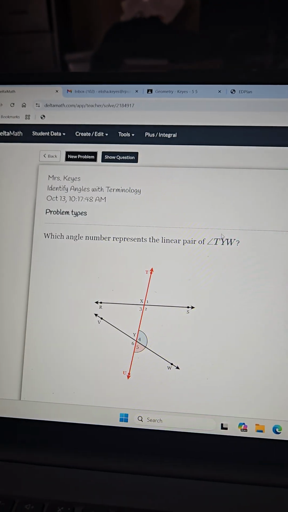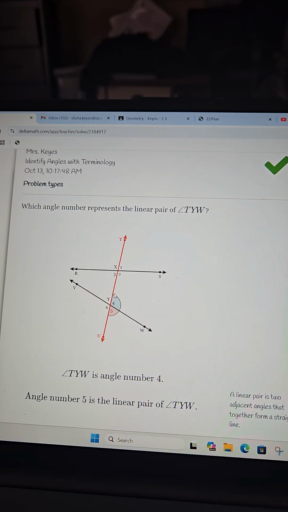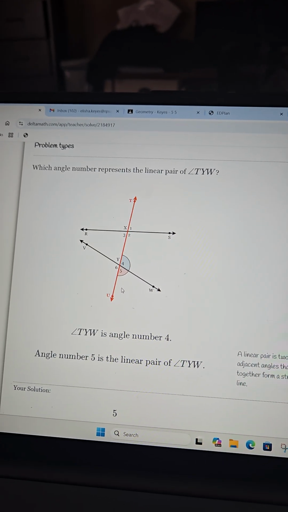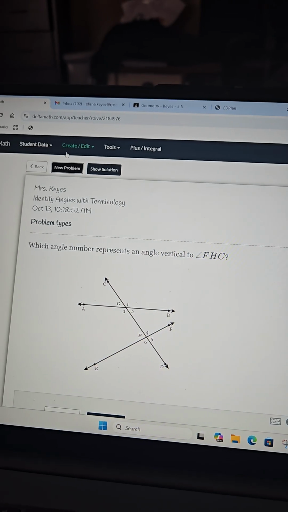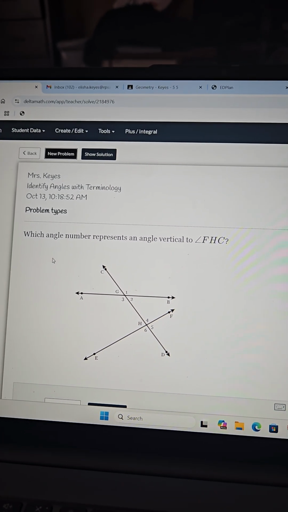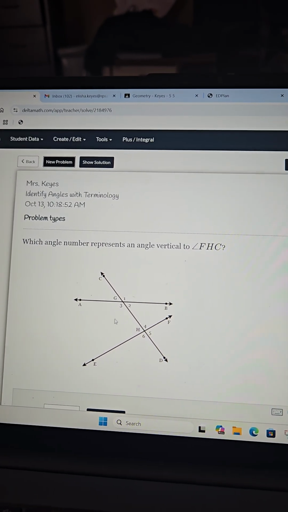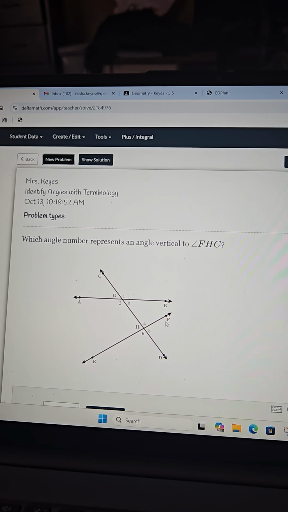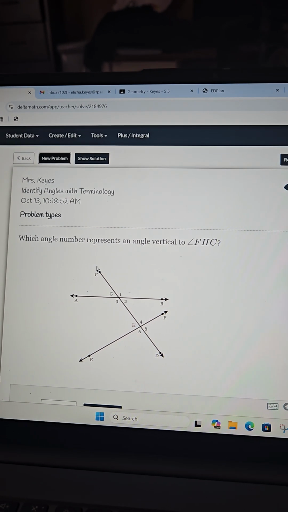Cursor's being crazy. Oh, sorry, next problem. That's what I gotta hit. All right, so which angle represents an angle vertical to FHC? So F, H, and C is all the way down here.